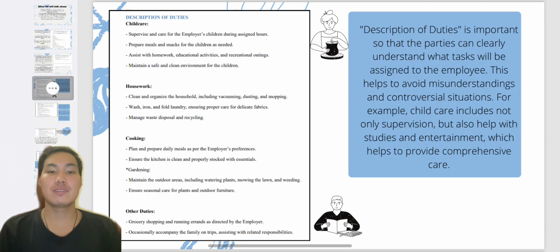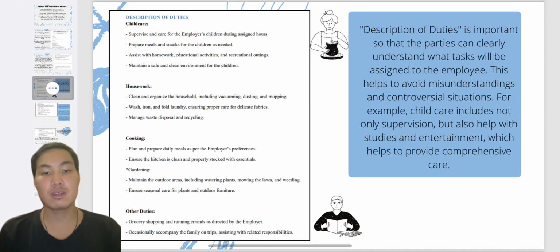Third slide, description of duties. This section is important so that the parties can clearly understand what tasks will be assigned to the employee. This helps to avoid misunderstandings and controversial situations. For example, child care includes not only supervision but also help with studies and entertainment, which helps to provide comprehensive care. Housework separates the responsibility for cleaning and taking care of clothes to avoid confusion about who is responsible for what.